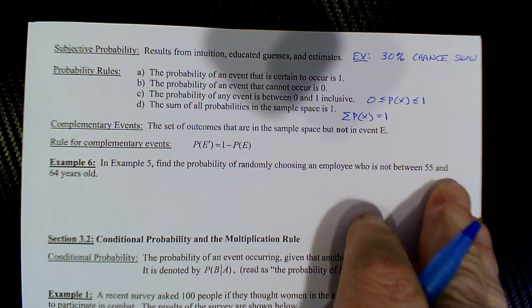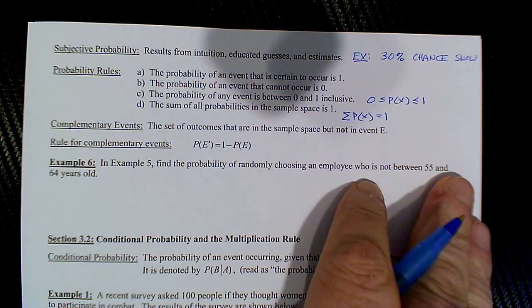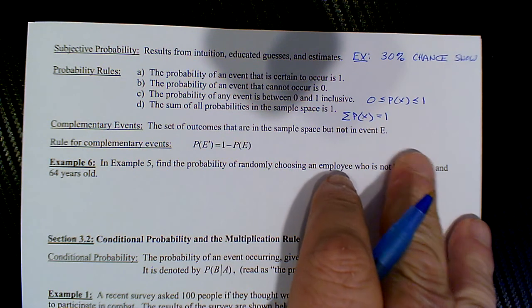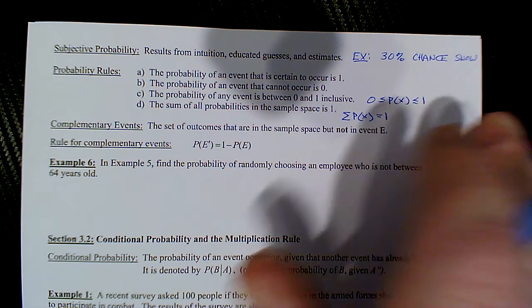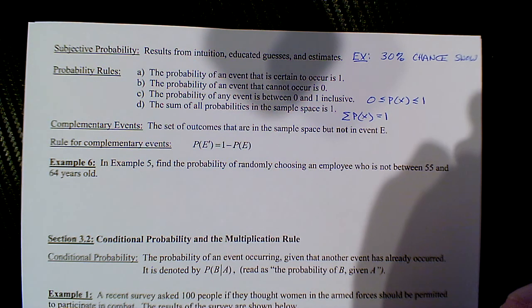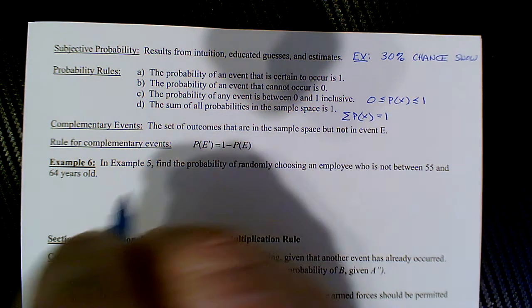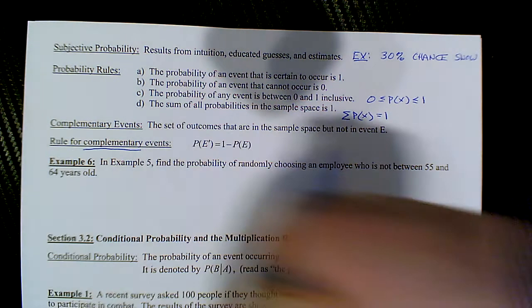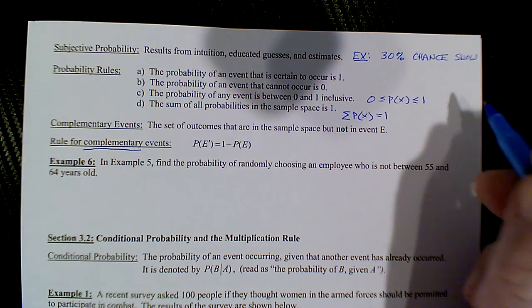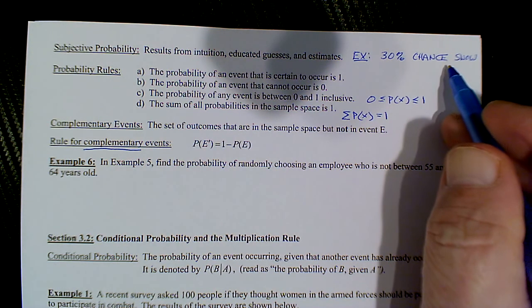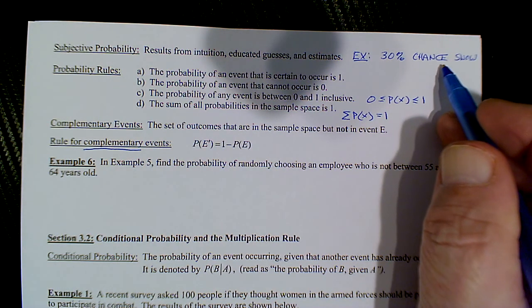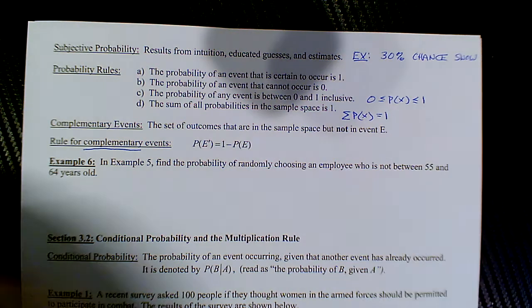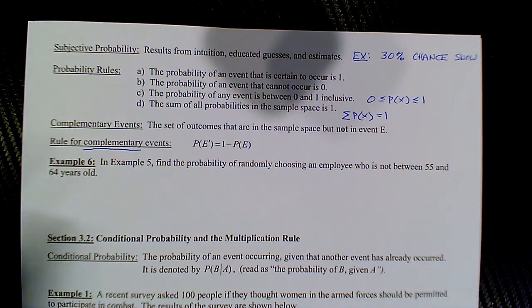And we say that the set of outcomes that are in the sample space but not in the event is complementary events. So for example, if the probability it's going to snow is 30%, you don't need a fancy formula, just intuitively, the probability it does not snow would be 70%.